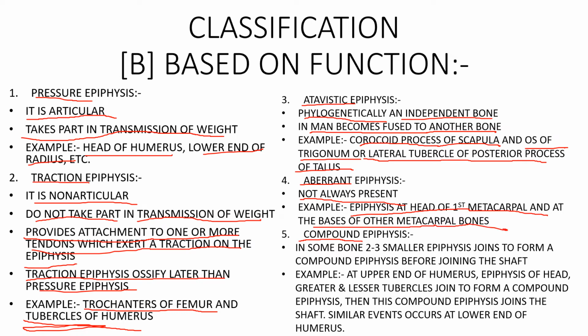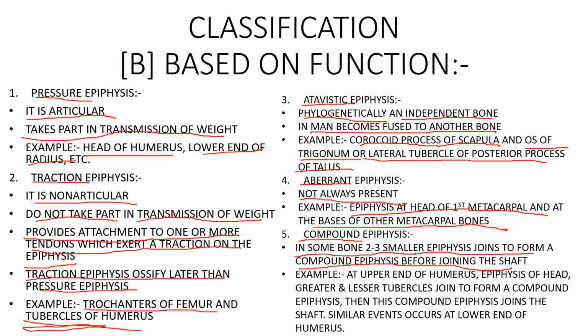Now we come to the compound epiphysis. In some bone, two to three smaller epiphysis joins to form a compound epiphysis before joining the shaft. As we have seen in the classification based on number of epiphysis present, compound epiphysis is when many centers form the end.